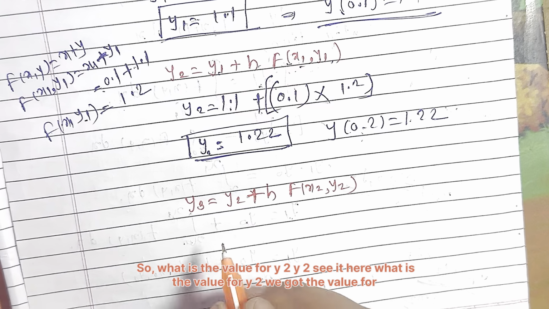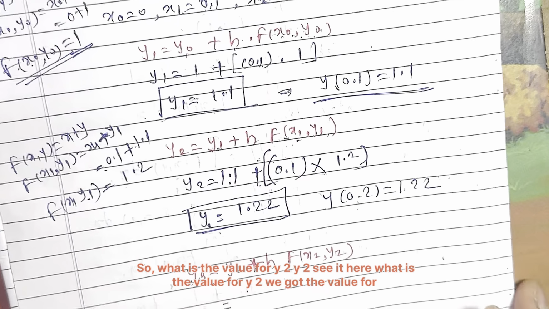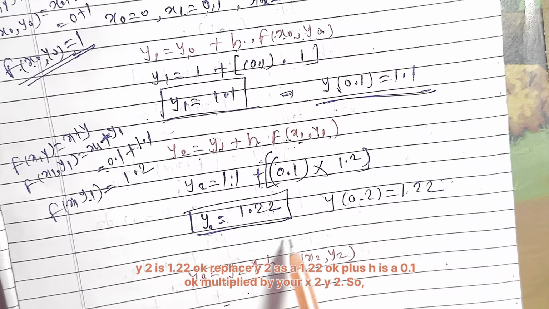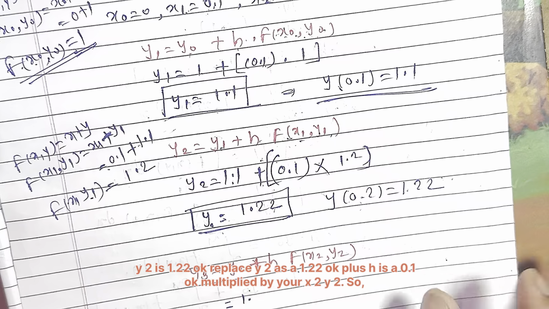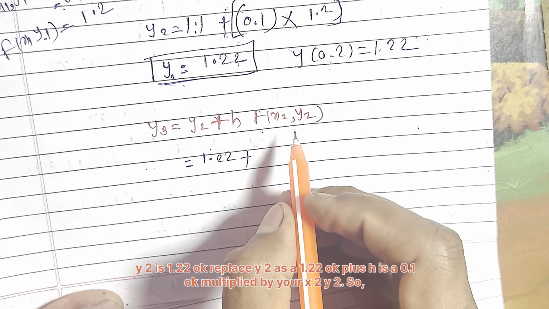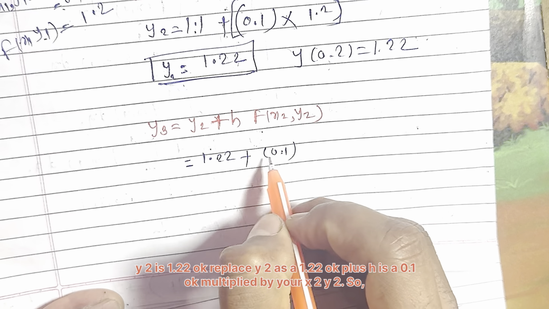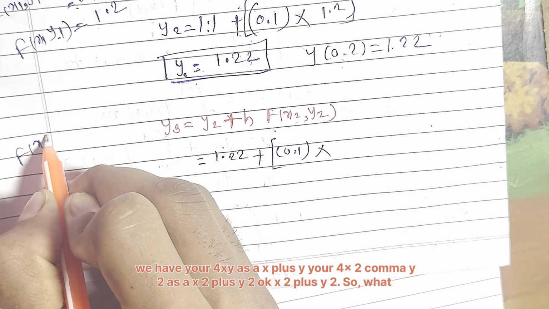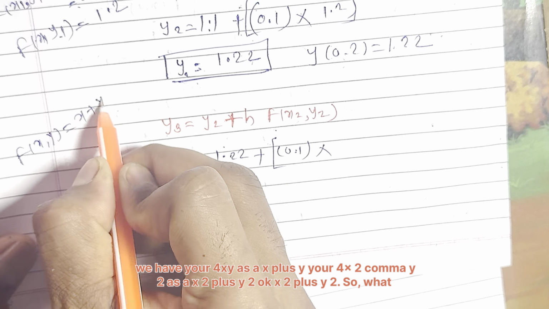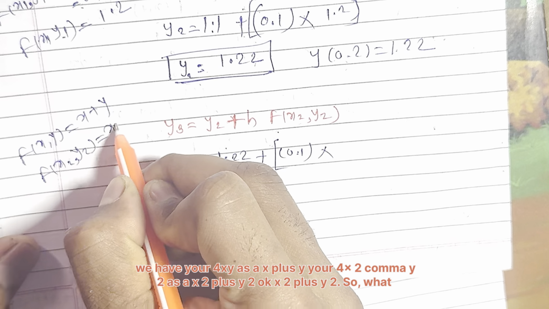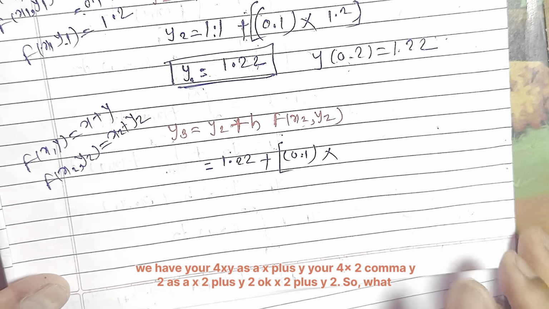We got the value for y2 as 1.22, so replace y2 with 1.22, plus h, which is 0.1, multiplied by f of x2, y2. We have f of x, y as x plus y, so f of x2, y2 is x2 plus y2.